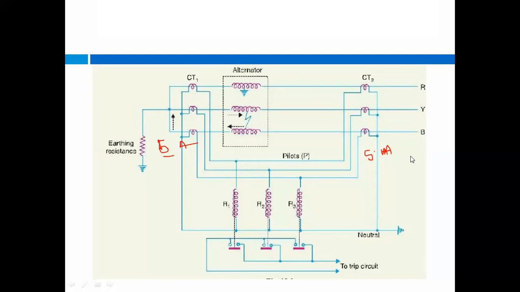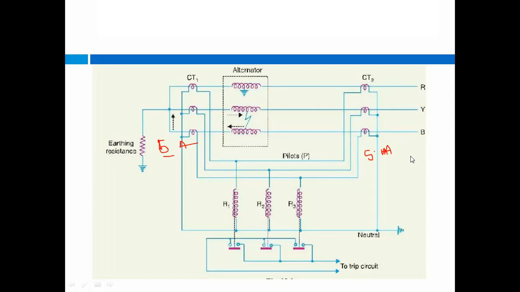But for generators, the turns ratio for the CTs will remain the same. Turns ratio will remain the same for the current transformers in case of alternator. But when we are using this scheme for transformers, these ratios are also changing.